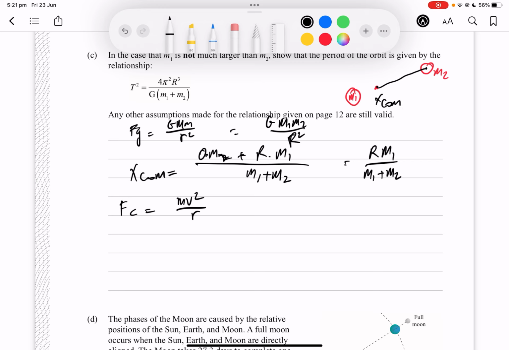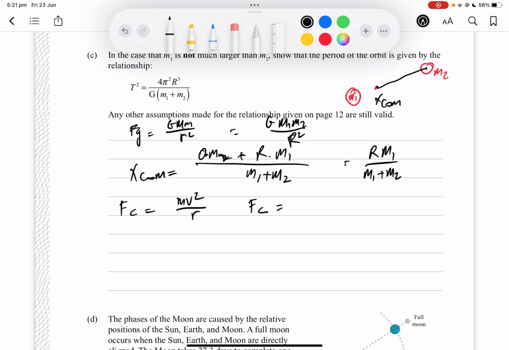So m2 orbits around the center of mass, which is going to be exactly X_COM distance away, and this r will be equal to that X_COM distance, not the distance between the two bodies.